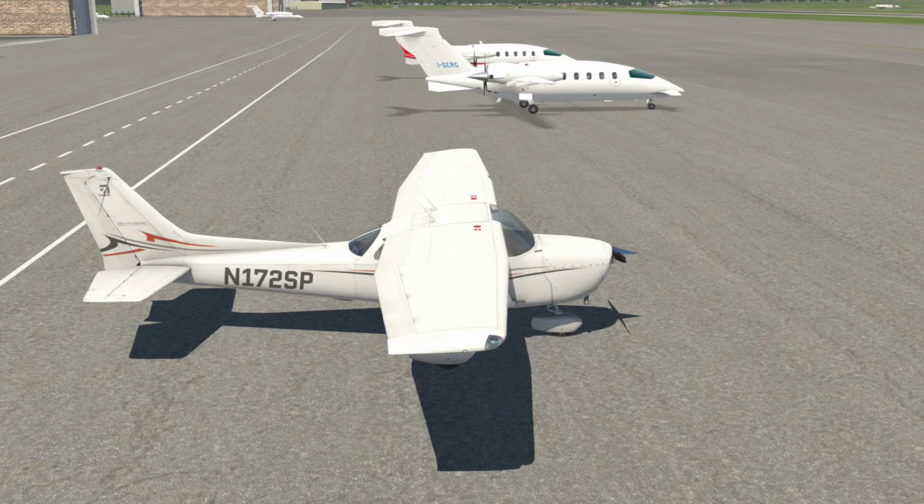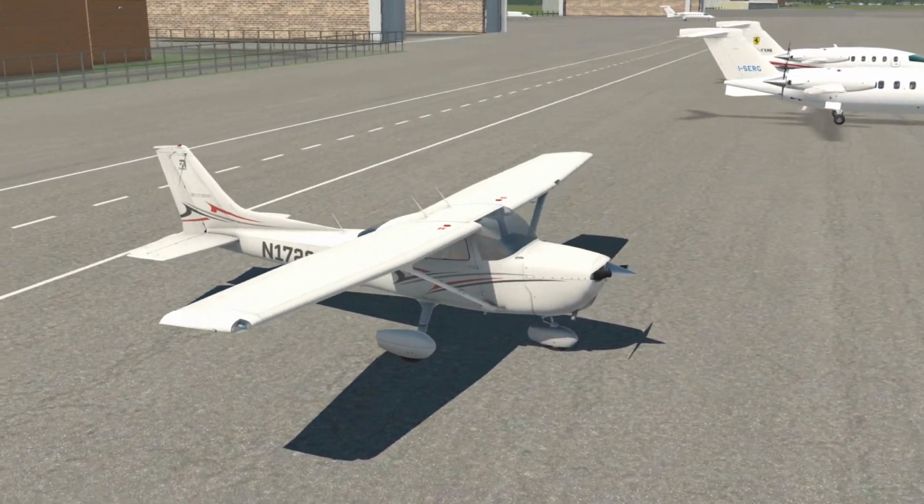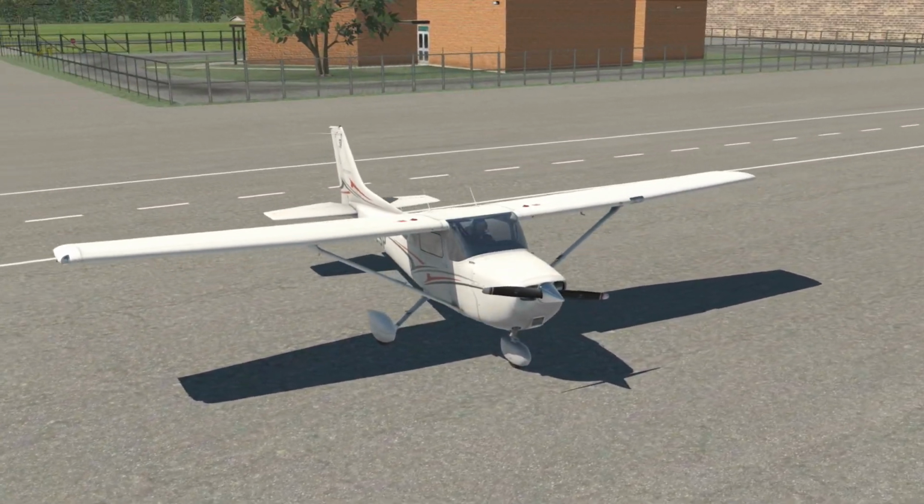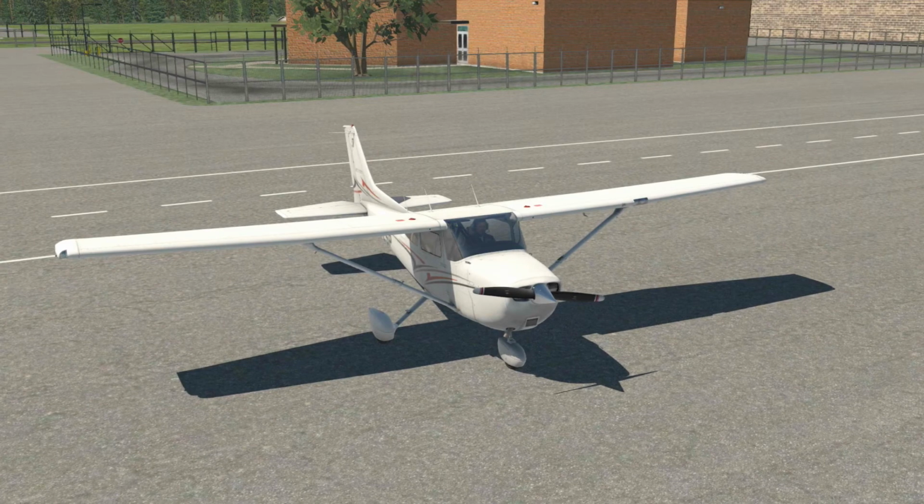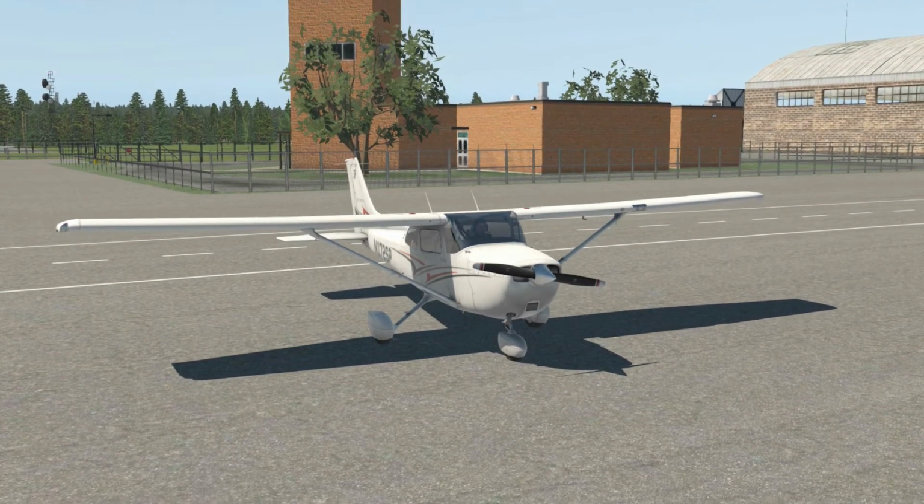Let's say 99% of our lift comes from our wing. The wing is attached in this case as a high wing aircraft, so the major weight of the aircraft, including the cabin, hangs below.